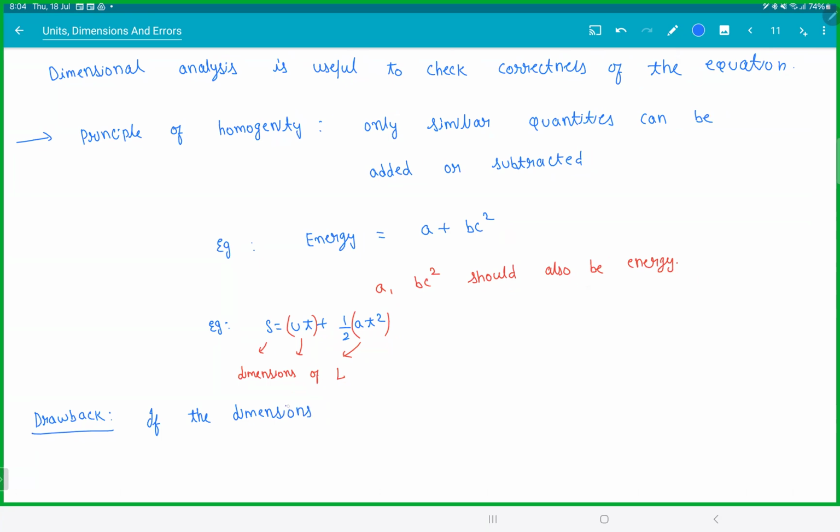If the dimensions don't match, the equation is wrong. And if dimensions match, we are not sure whether it is right. So it can only tell whether something is wrong. It can't tell whether you're right.